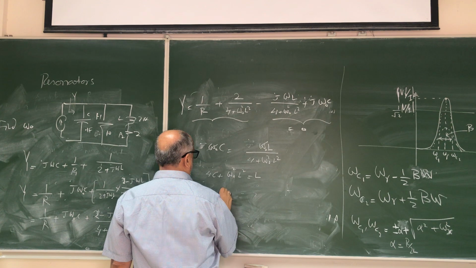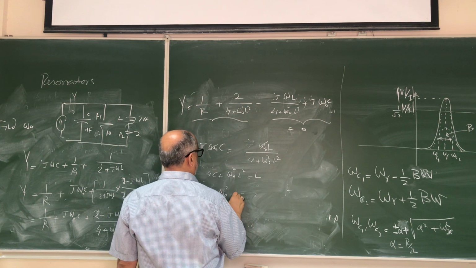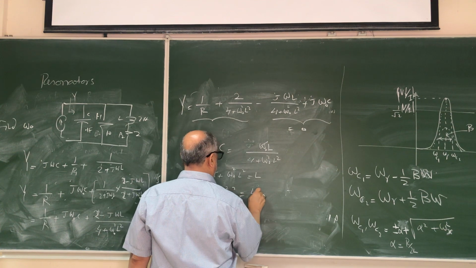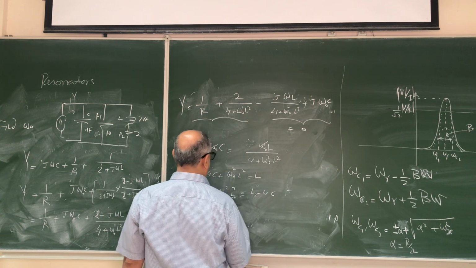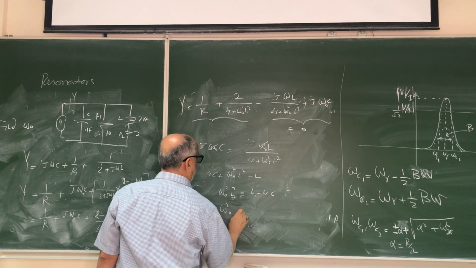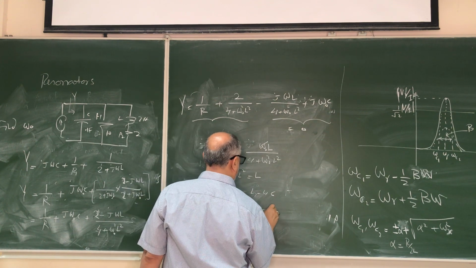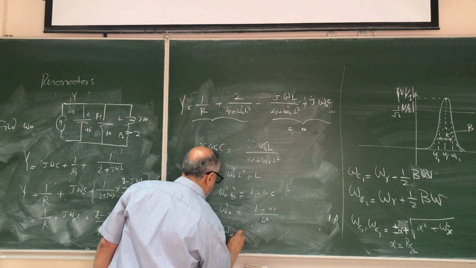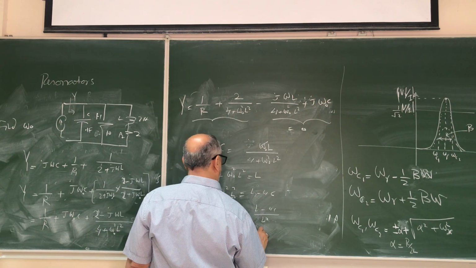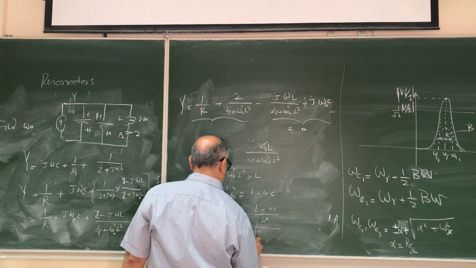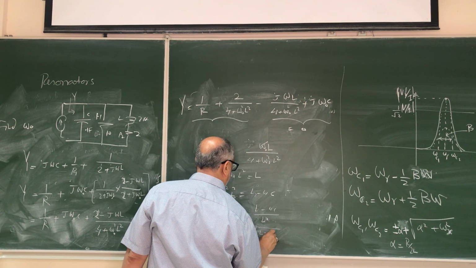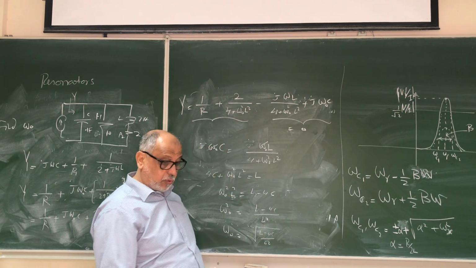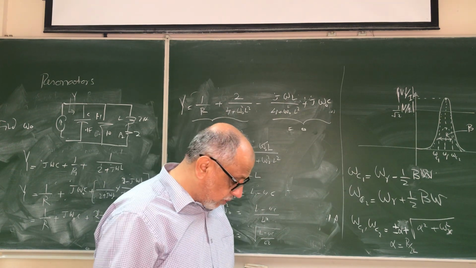Or omega naught square L square C is equal to L minus 4C. Or omega naught square is equal to L minus 4C over L square C. So omega naught will be the square root of L minus 4C over L squared C. So that will give you the resonance frequency.